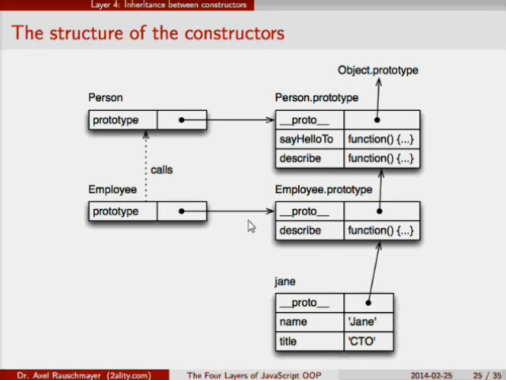Initially it will work really nicely because what Employee.prototype would point to would be the object up here. As long as Employee doesn't add its own methods, described down here, everything is fine because you get all of the methods of Person.prototype.